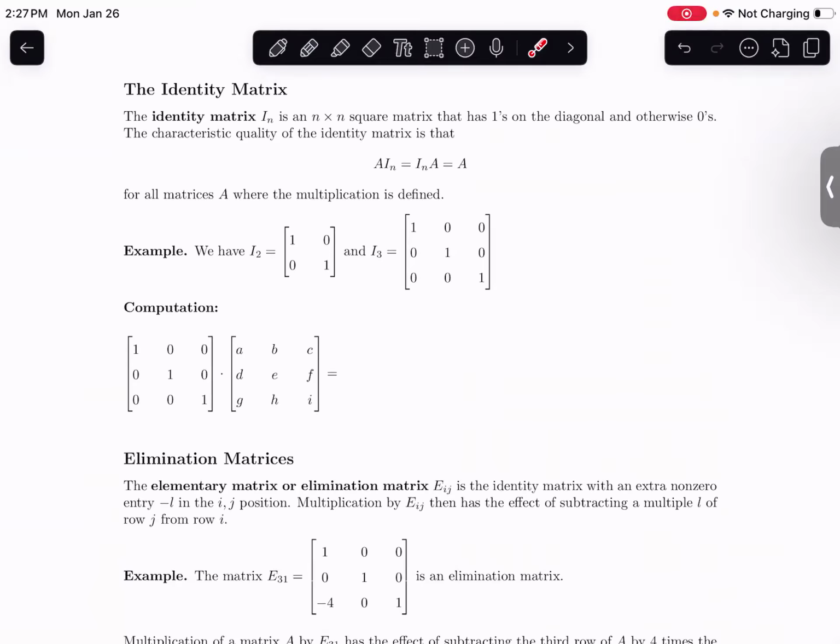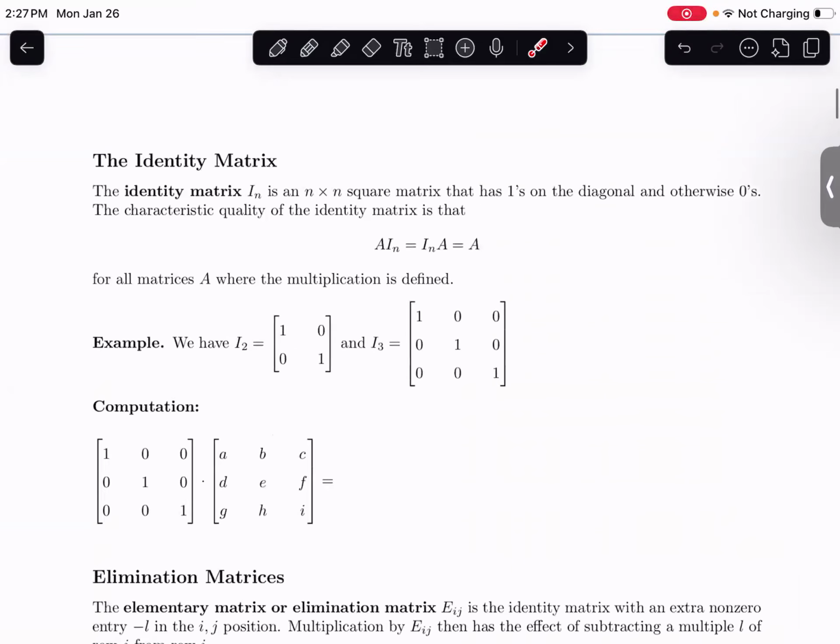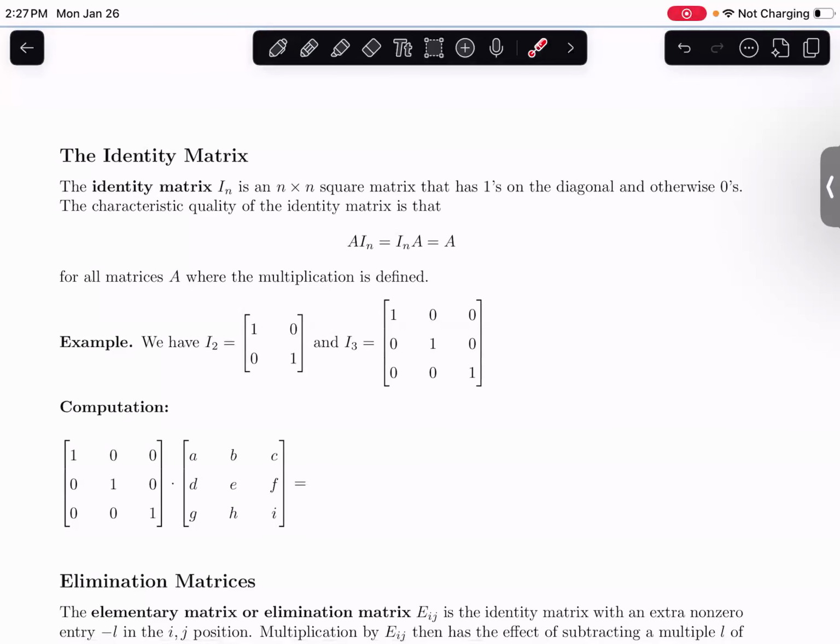So the most important matrix in this class is the identity matrix. We're going to use this all the time. What's nice about the identity matrix is that if you take any matrix and multiply it by the identity matrix, you just get the same matrix over again. The identity matrix is denoted by I subscript n. It's an n by n square matrix, so this denotes the size of the identity.